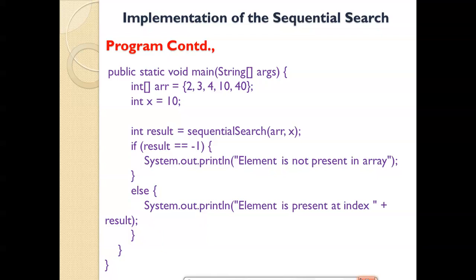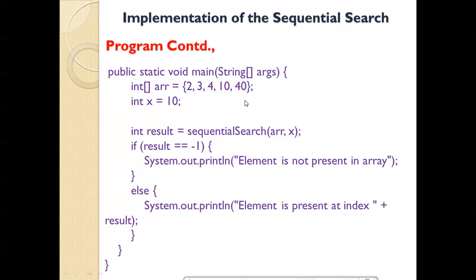Inside the main function, the first statement is an array initialization. Integer data type, integer means a whole number. So here 2, 3, 4, 10, 40. That is a total of 5 elements, and those 5 elements are stored into the ARR array. Then our searching value is 10.